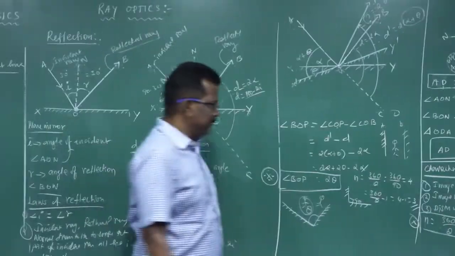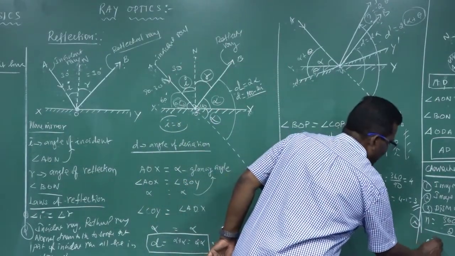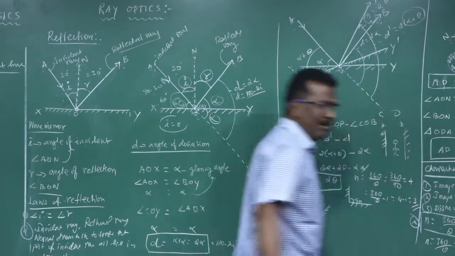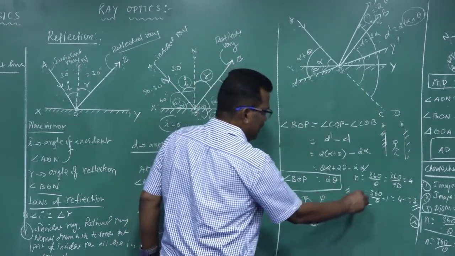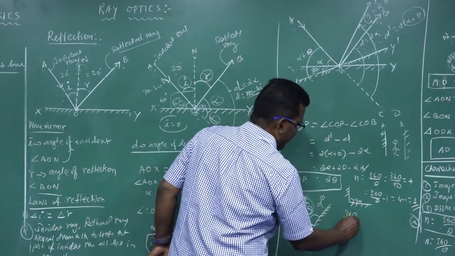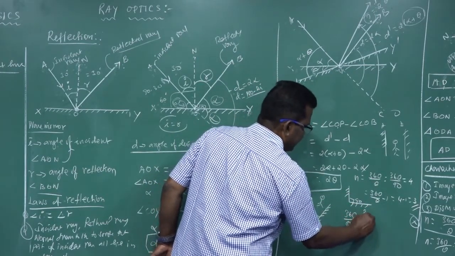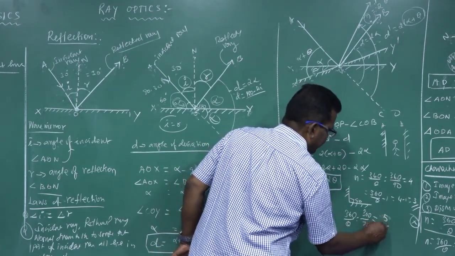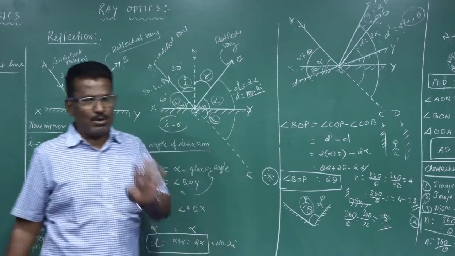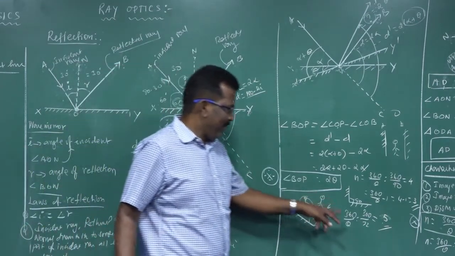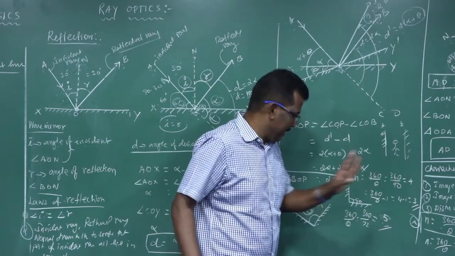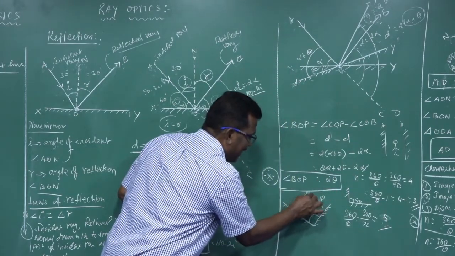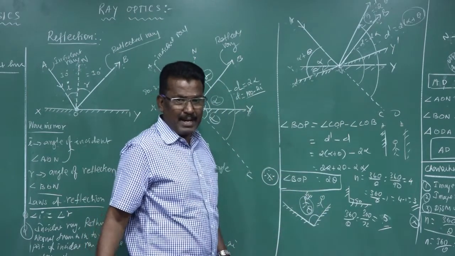Suppose n is equal to 360 by theta, and it is an odd number. For example, 360 by 72 gives 5, and 5 is an odd number. Suppose the object is exactly between the two mirrors, in the symmetrical position.